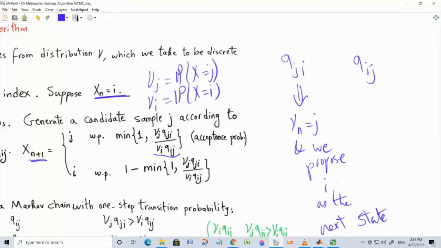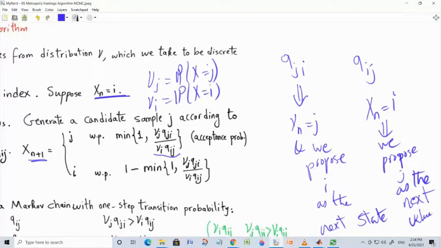We propose, and perhaps the proposal will be rejected. In q i j, x of n is equal to i, and we propose j as the next value, which means that you will put x of n plus 1 equal to j.